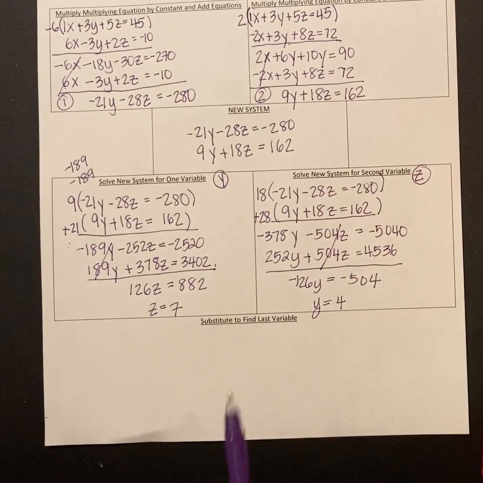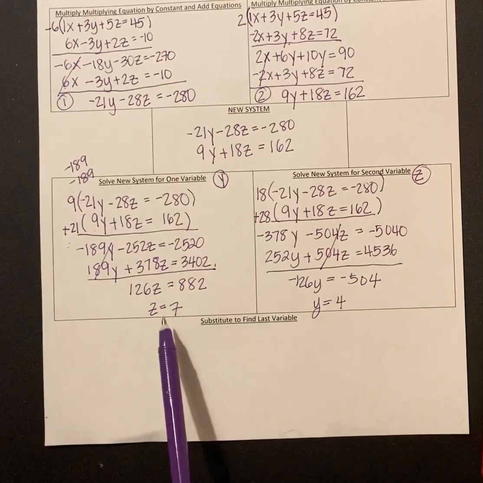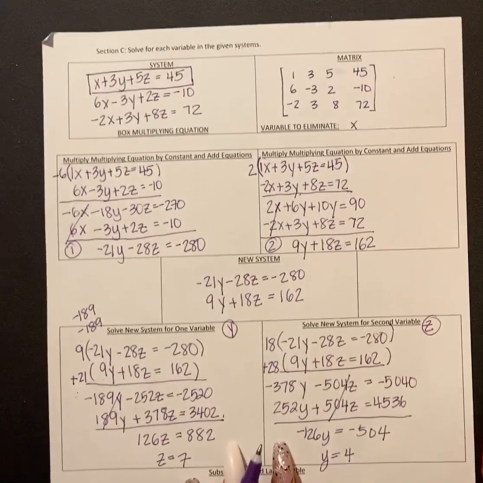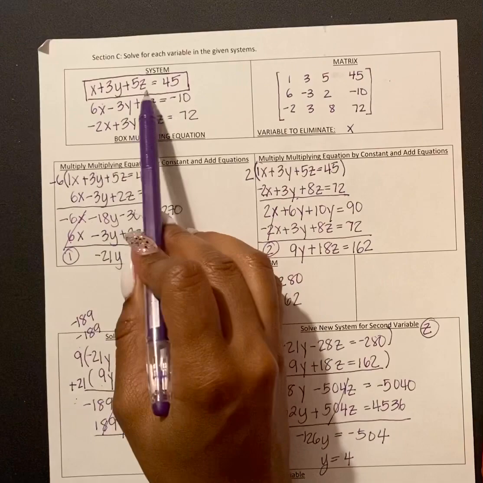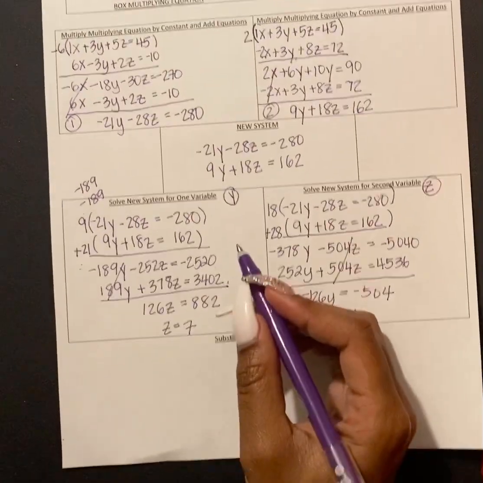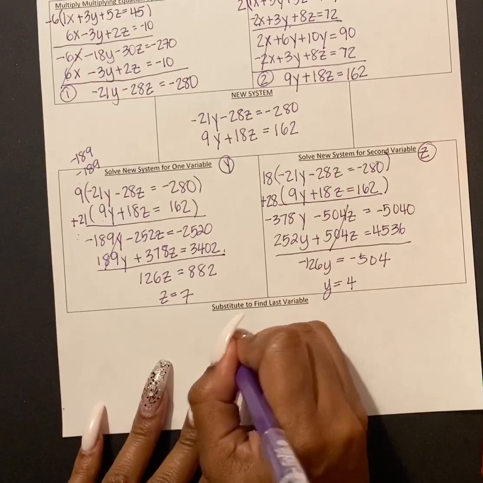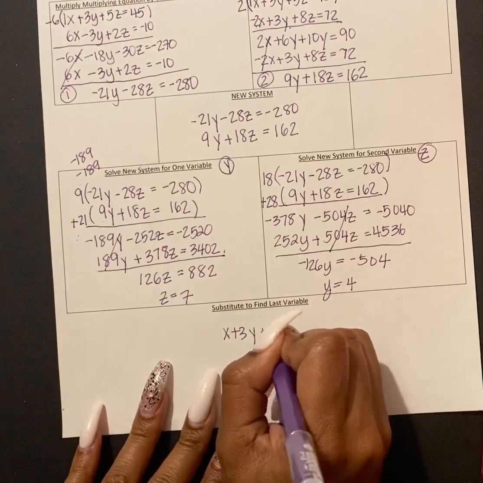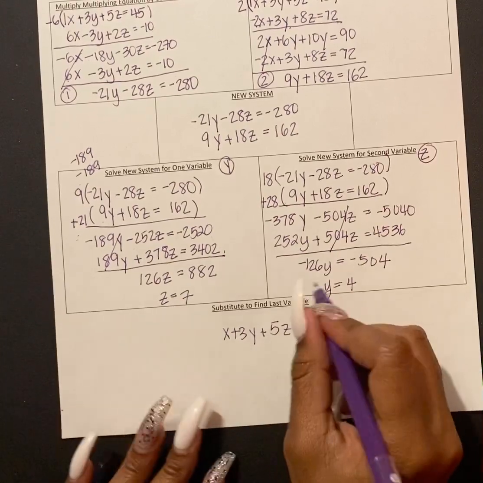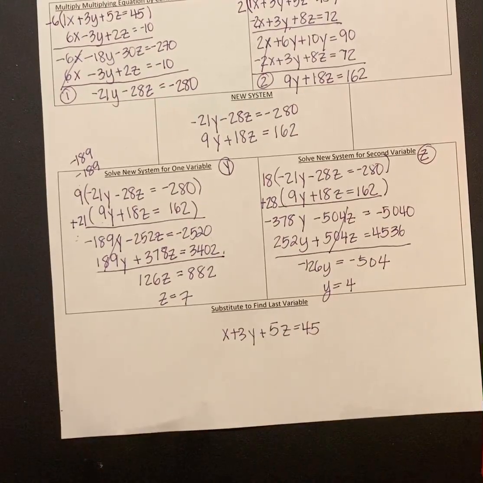Okay, so now I have the value of y and z, and now I'm just left to find the value of x. And so I'm going to go back to what I started with. Any of these equations, I'm going to use the first one. And I'm going to rewrite it. So I had x plus 3y plus 5z equals 45. And I'm just going to substitute in my y and z.